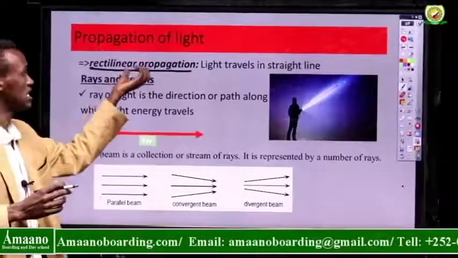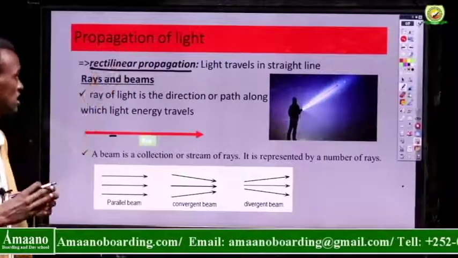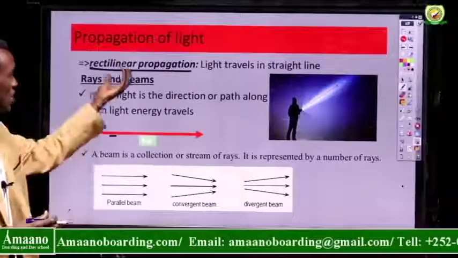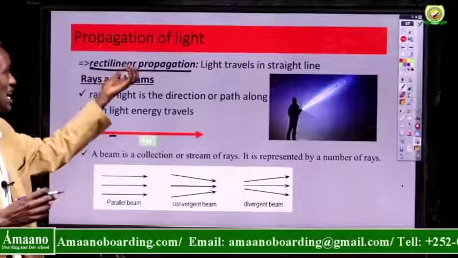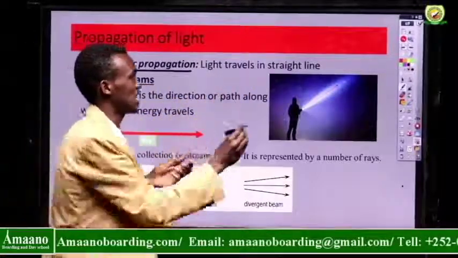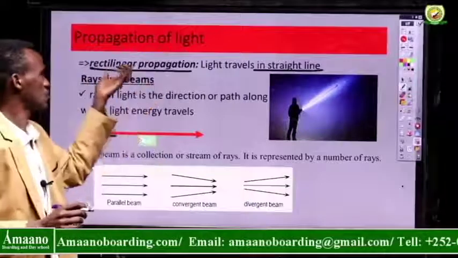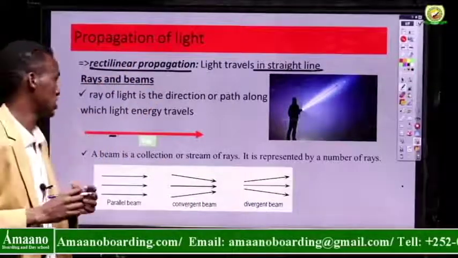This means rectilinear propagation is straight line motion. So light travels as rectilinear propagation. It means light travels in a straight line. That motion is called rectilinear propagation.